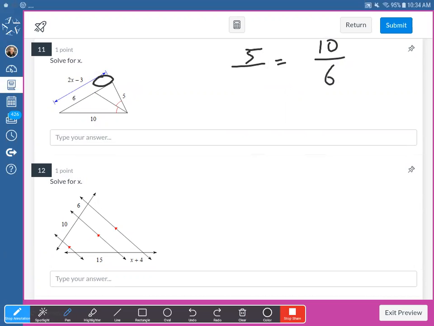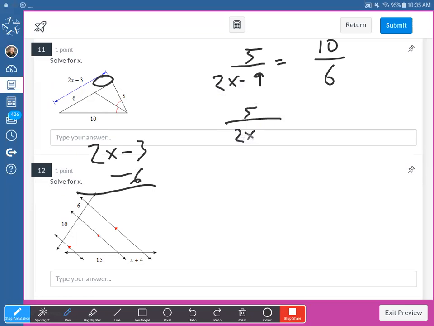So this whole thing is 2x minus 3, and then you subtract 6 from that. So 2x minus 3, that's 2x minus 9. So that means this is going to be 2x minus 9. So 5 over 2x minus 9 equals 5 over 3.